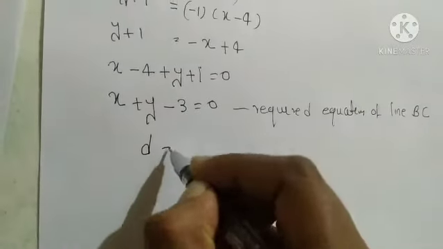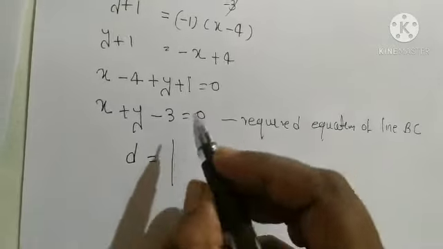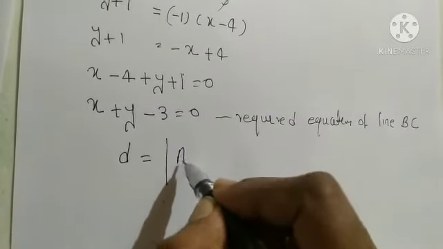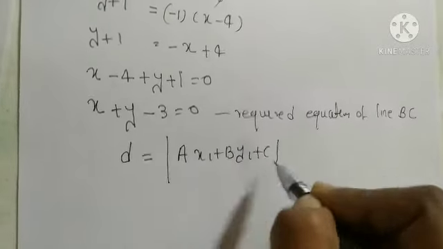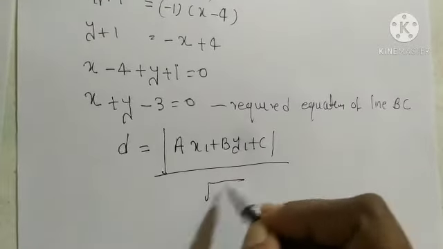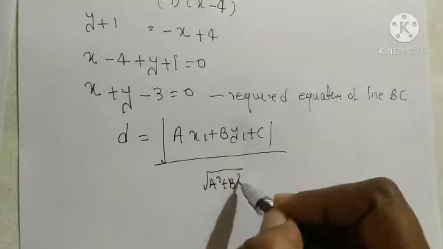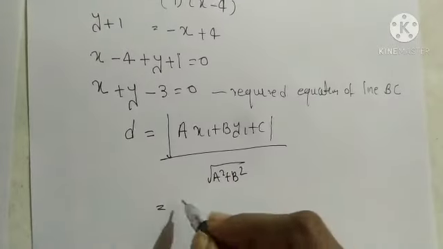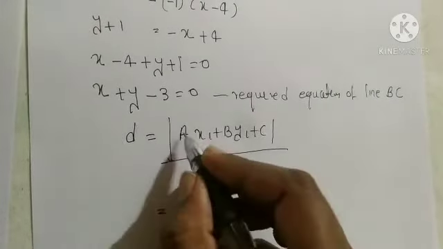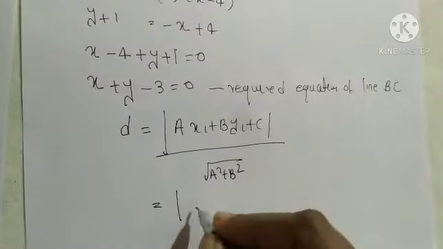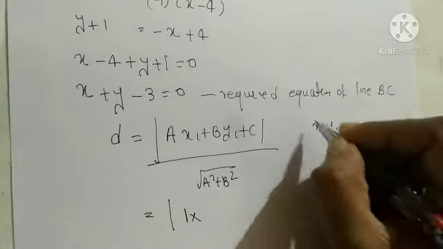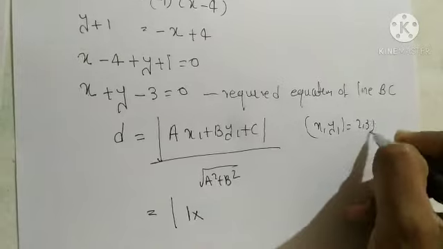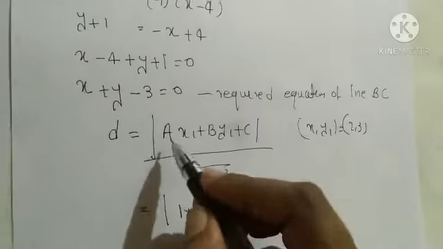So D is equal to mod of ax1 plus by1 plus c, whole divided by root of a square plus b square, and it will be equal to mod, here a is 1, x1 y1 will be 2, 3.